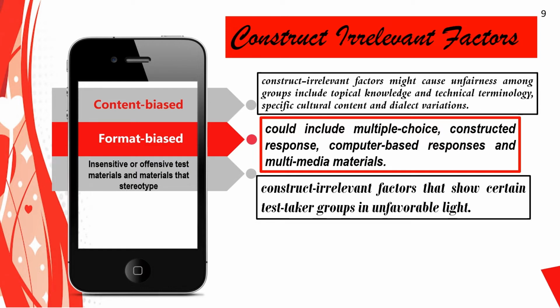For the content bias, construct irrelevant factors that might cause unfairness among groups include topical knowledge and technical terminology, specific cultural content, and dialect variations. For the format bias, this could include multiple choice, constructed response, computer-based responses, and multimedia materials. For insensitive or offensive test materials and materials that stereotype, we have construct irrelevant factors that show certain test taker groups in an unfavorable light.